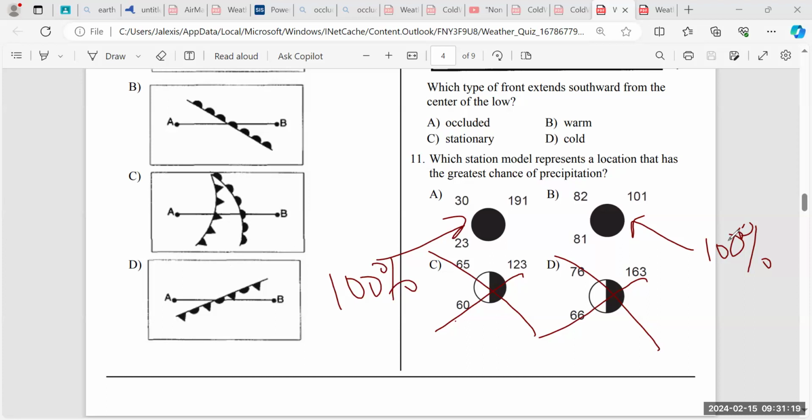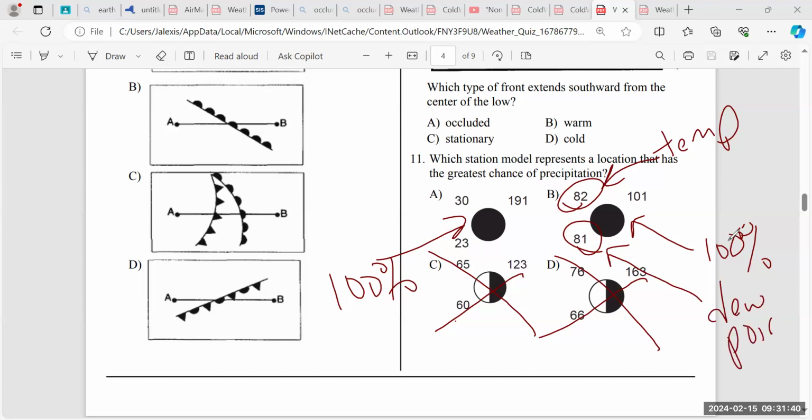The other thing is, the closer the air temperature is to the dew point, the greater the chance of precipitation. And so when I'm looking, my air temperature is the number on the top left, and my dew point is the number on the bottom right. If you notice, the difference between the air temperature and dew point at A is 7 apart.